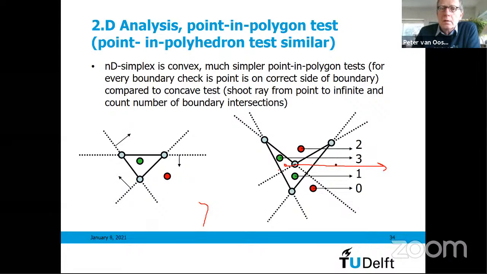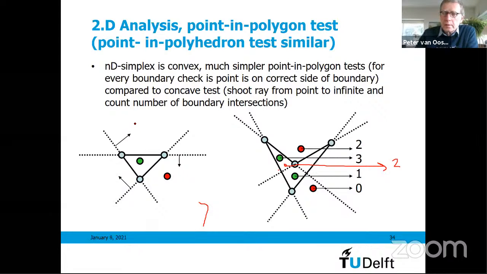Difficult. Okay, let's say it is 2. So 1, 2 intersections, and that would be wrong, because then it would be even. So in this case, you have to not count it for 2 intersections, but for either 0 or 2 depending on the case. And these exceptions, and there are more, make this algorithm very hard. Okay.